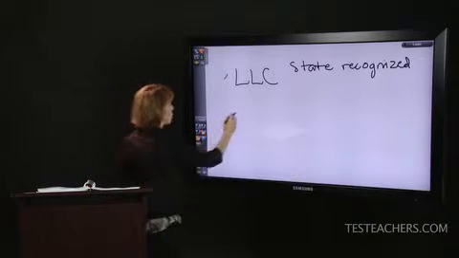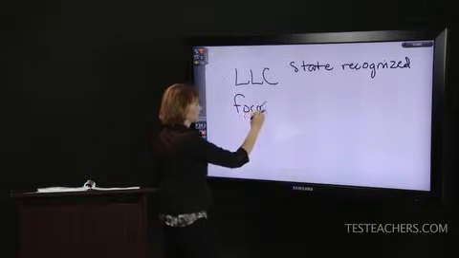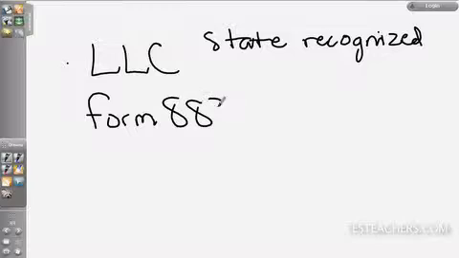So the business itself has to file paperwork. It's called Form 8832 with the IRS. It's the entity classification election to let the IRS know how they intend to pay their taxes. So Form 8832 is required to be filed by the LLC.